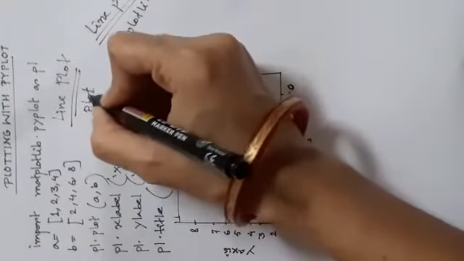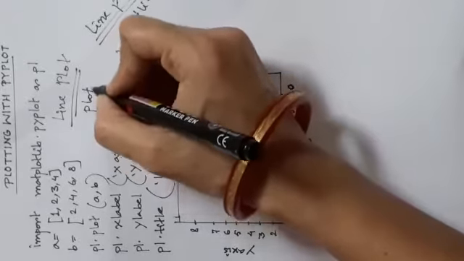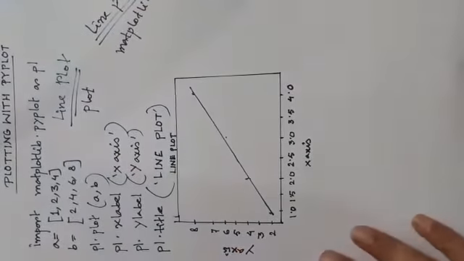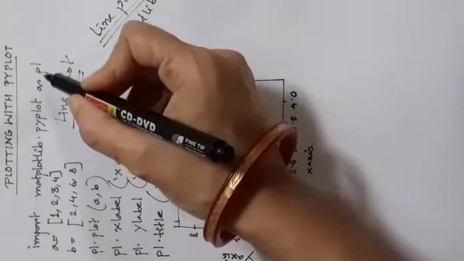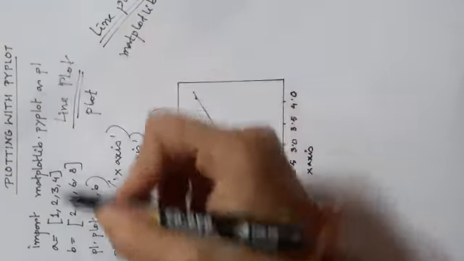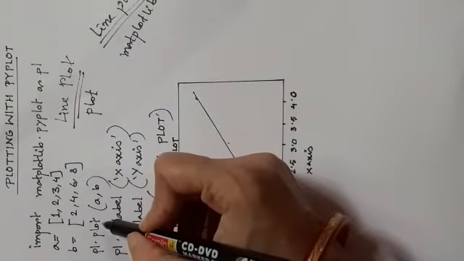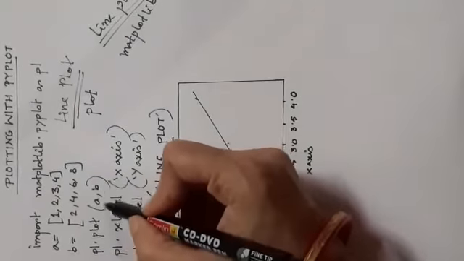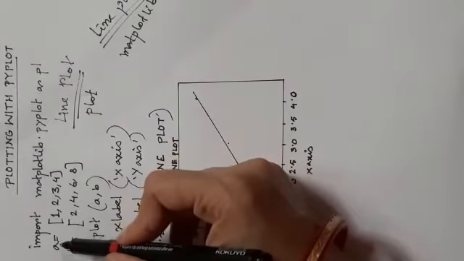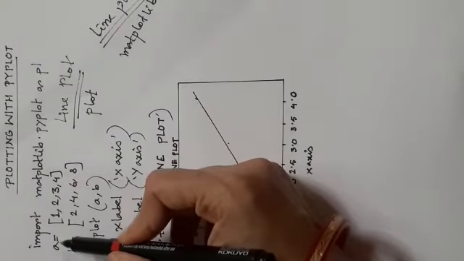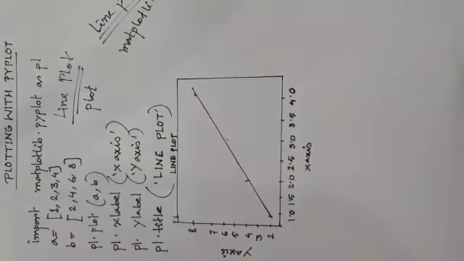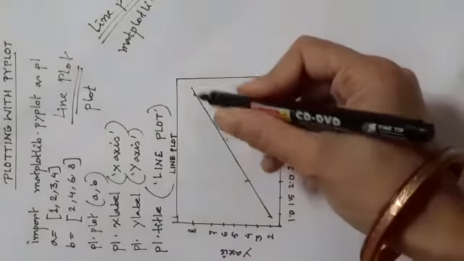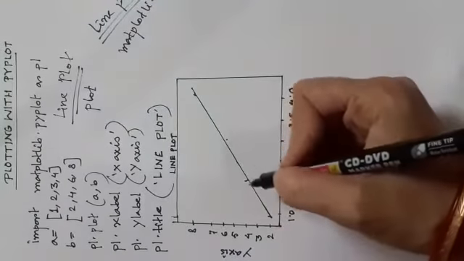The function name is plot, P-L-O-T. We have already imported this library as pl, the alias name. Now we have to write pl.plot. As an argument, what are you sending? The data that is with us, A comma B. Only this much if we do, then you will see that one straight line is coming, joining those points.